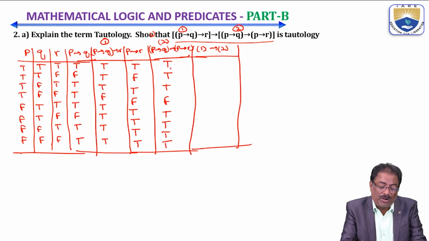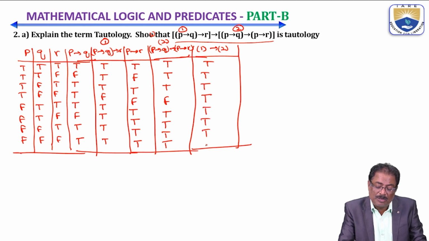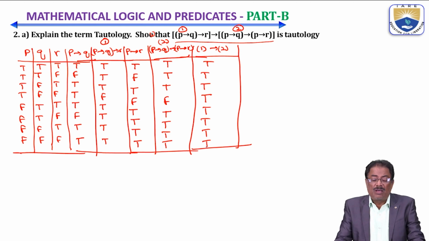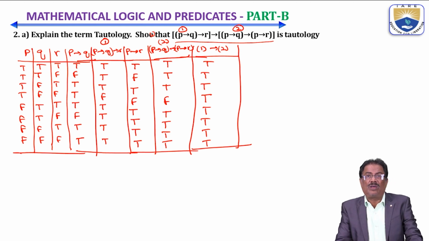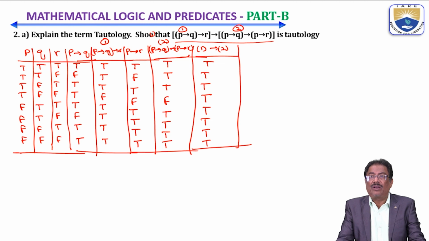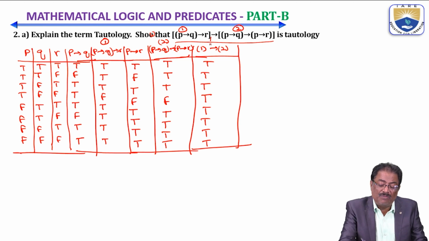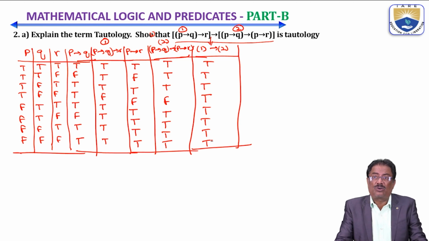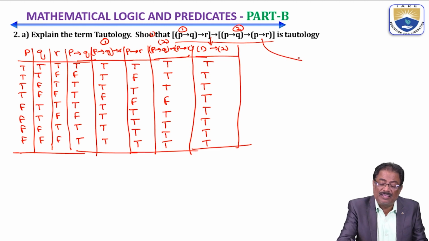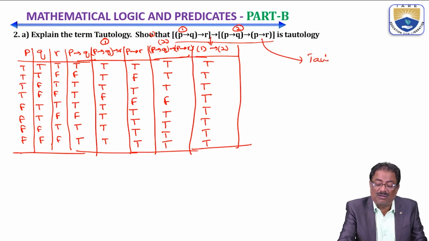So here 1 to 2, this is true, and this is also true, this is also true, false to false is also true, then the remaining are all true. So for all possible combinations of the truth values of P, Q, R, the given compound proposition is true. So we can say that it is a tautology.